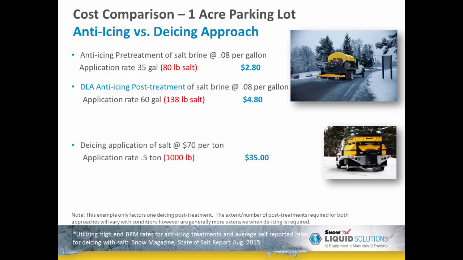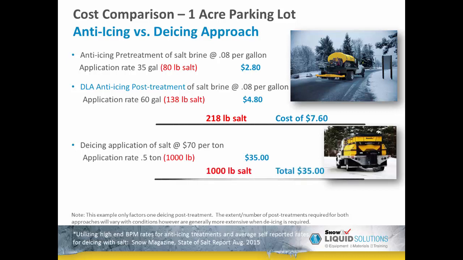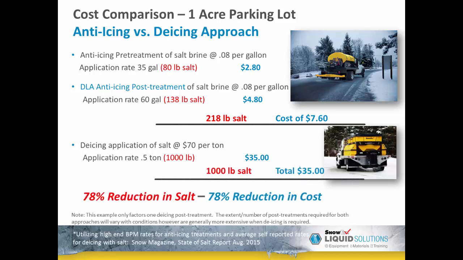The rates for de-icing come from a 2015 Snow Magazine State of Salt report, where 60% of contractors surveyed indicated using salt application rates of between 1 to 2,000 pounds per acre. Note the reduction in both the amount of salt used and the cost. A 78% savings from utilizing a preventative anti-icing approach. Input your own application rates using this example to determine your potential cost benefit.